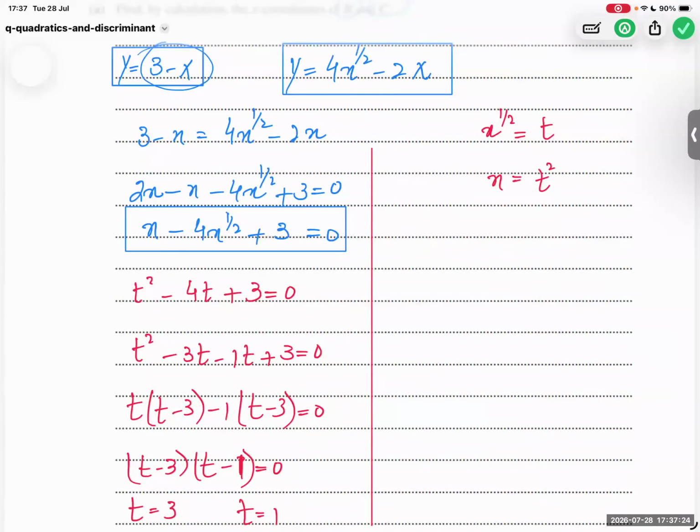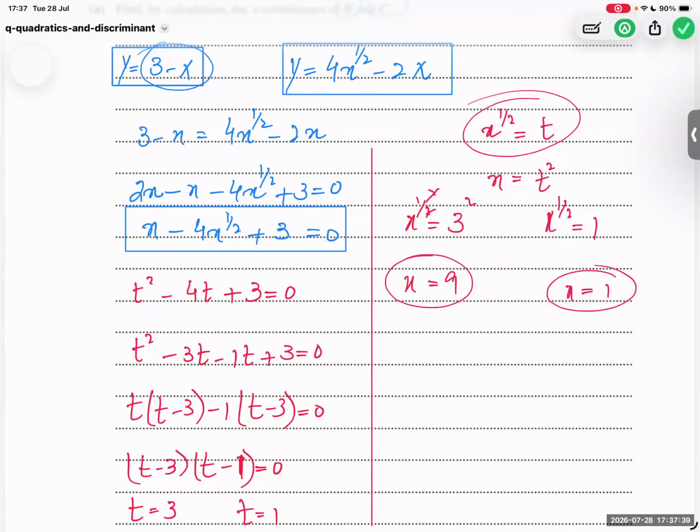And then you come back to the actual substitution. t is x raised to the power 1 by 2, that is equal to 3, and t is x raised to the power 1 by 2, that is equal to 1. We square both sides, right? That is 9, and x is equal to 1.